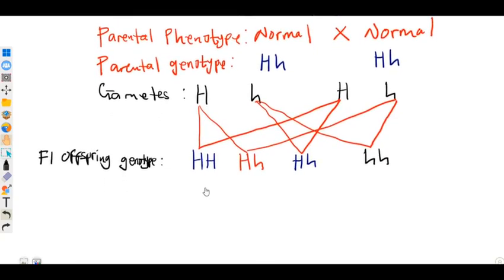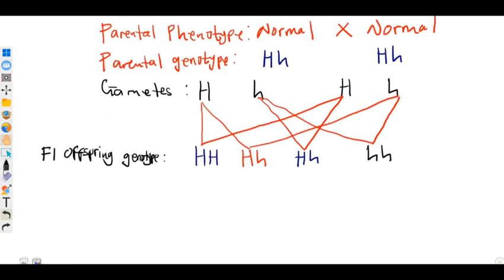After writing this, then we are going to have the F1 offspring phenotype. So when you look at the first child having dominant alleles, this one is the normal.